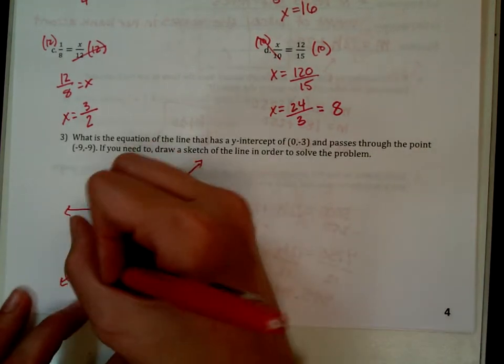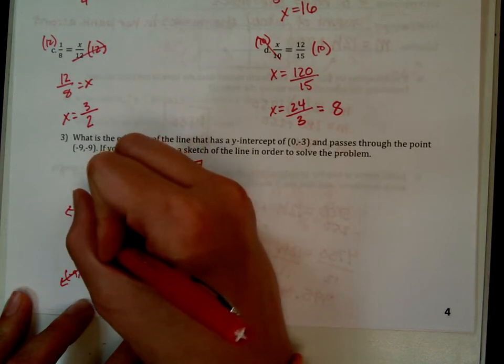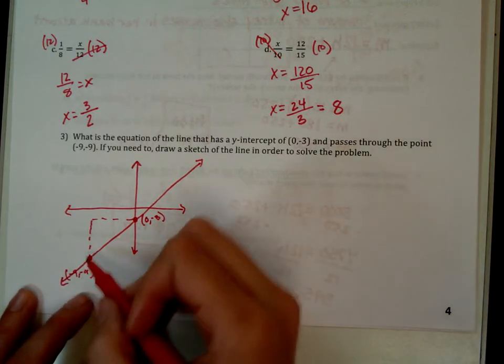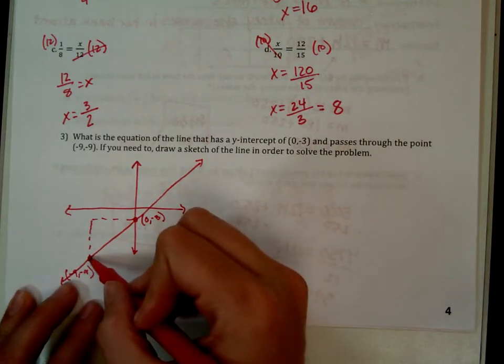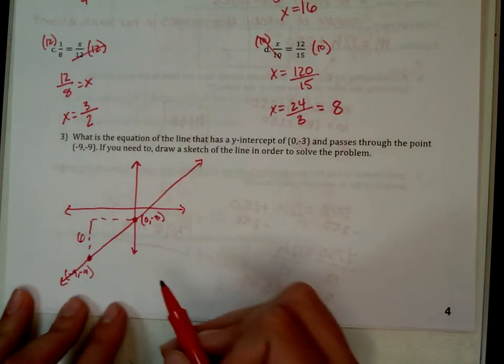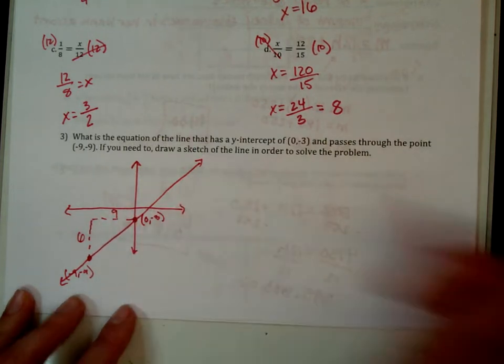So I need to draw a slope triangle. I know that I went from -9 to -3, so that went up by 6. And I went over from -9 to 0, so I went over 9.